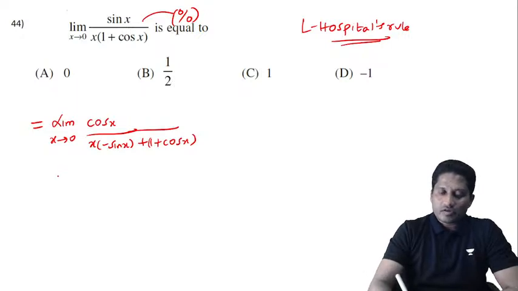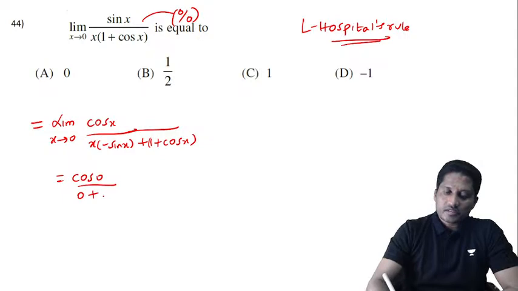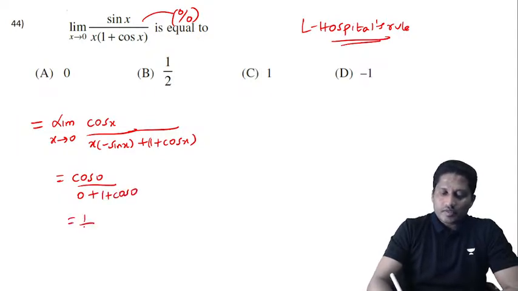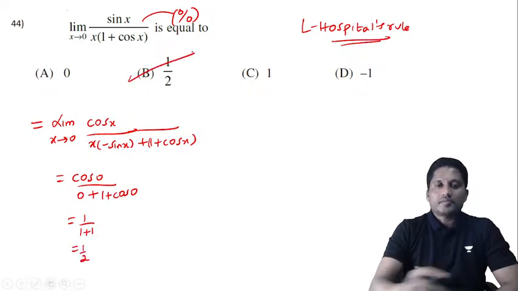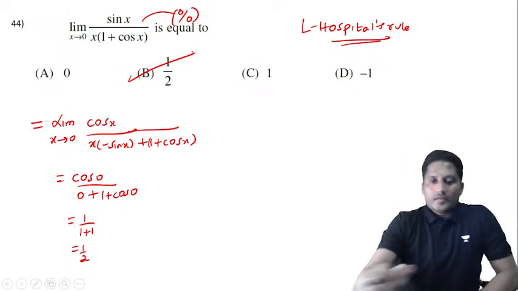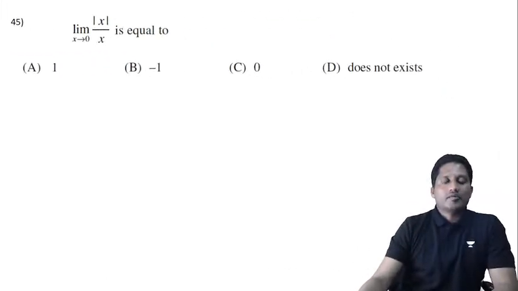Now x is tending to 0, so you will get cos 0 in the numerator, and in the denominator 0 plus 1 plus cos 0. Cos 0 is 1, so 1 by 1 plus 1. Answer will be equal to half. Answer is option B. Right, question number 45.